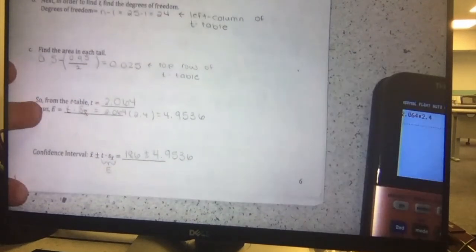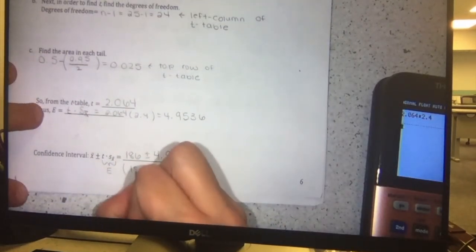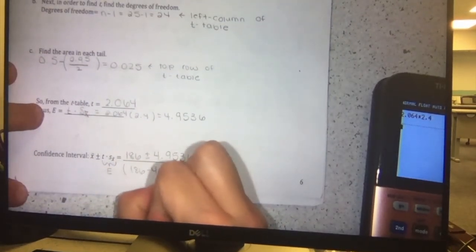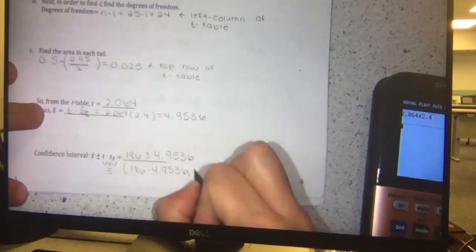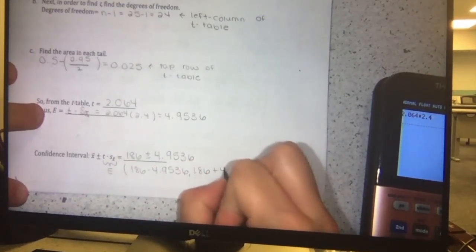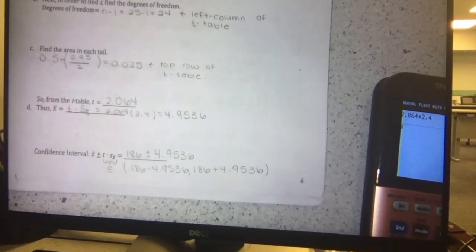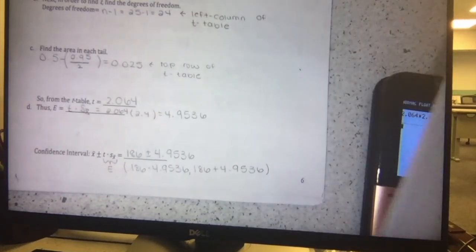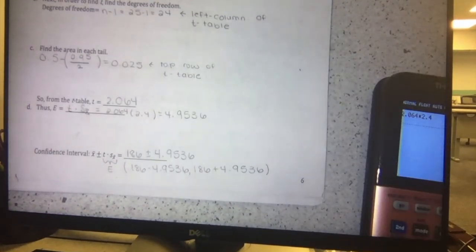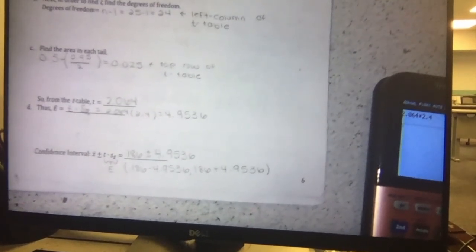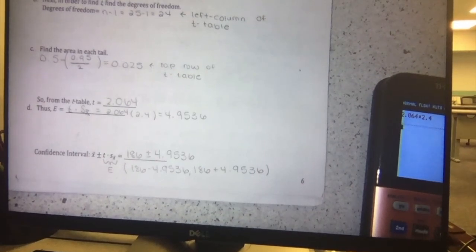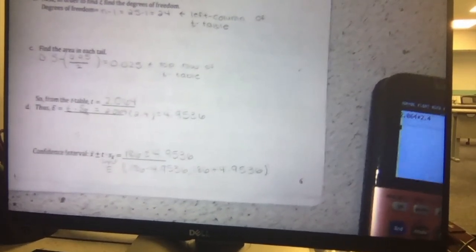So our interval is 186 minus 4.9536, comma 186 plus 4.9536. So same exact thing. The only thing that was different was instead of looking at that table for our Z value, we looked at our T table for our T value, because they didn't tell us our standard deviation, so we had to find it another way. That's why we can't use Z.